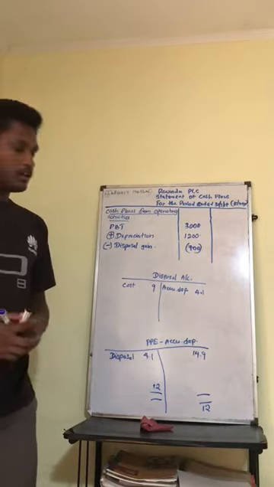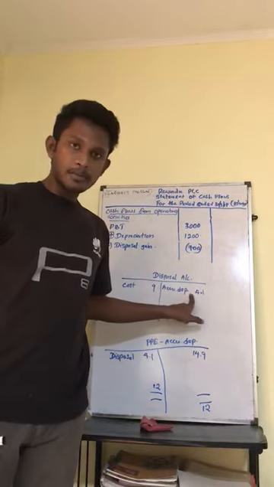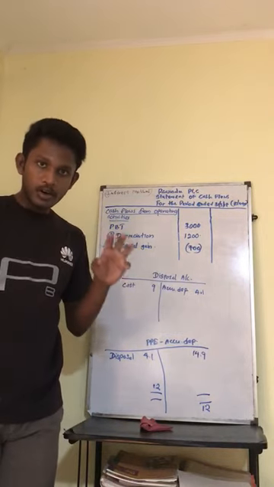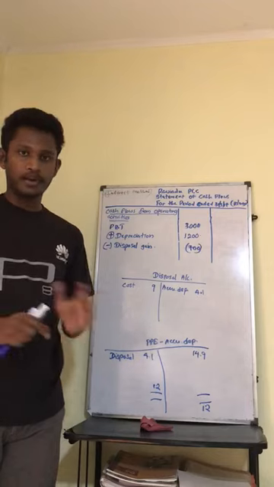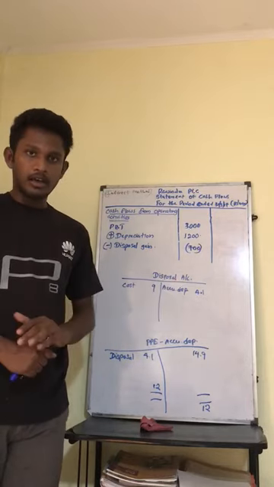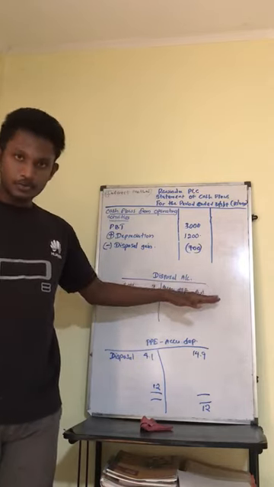Right. So this accumulated depreciation includes the total depreciation up to the disposal date. That's fine then. It has been fully depreciated up to the disposal date.